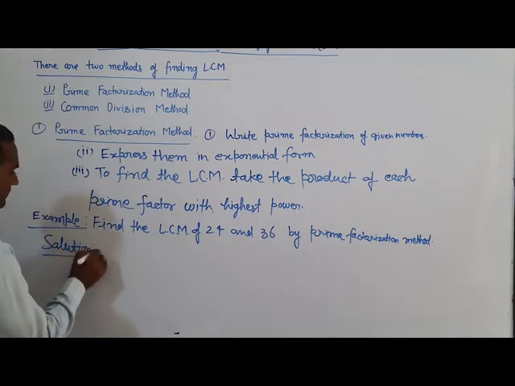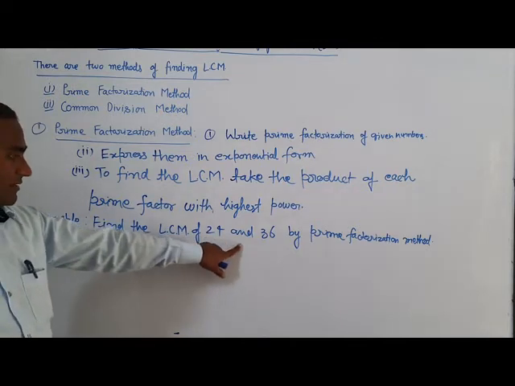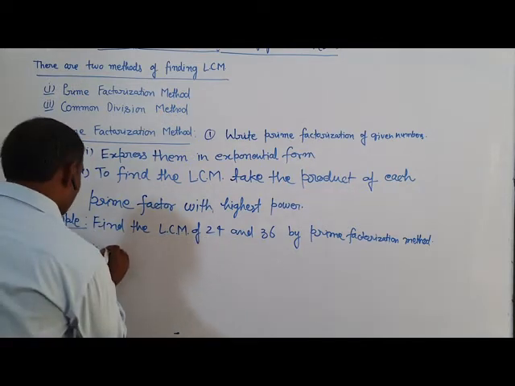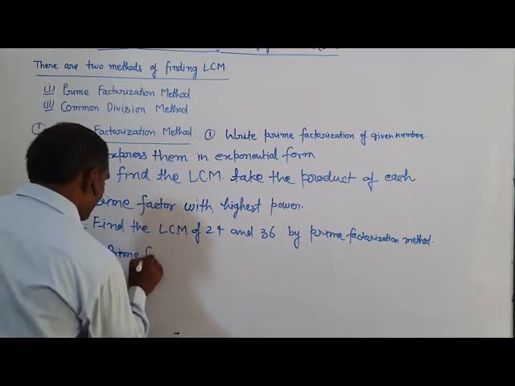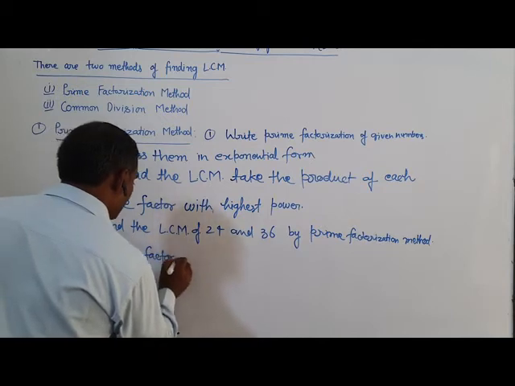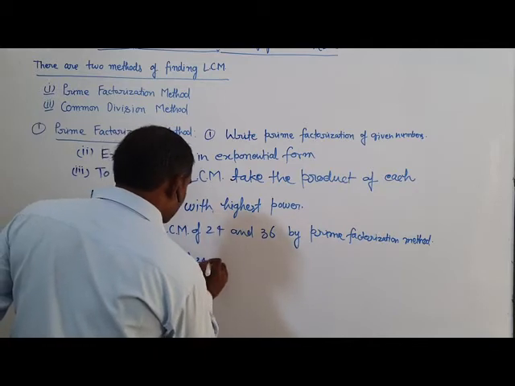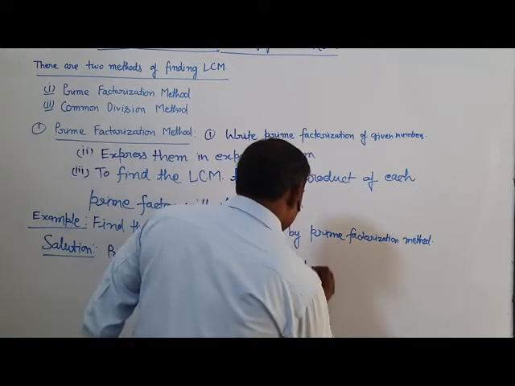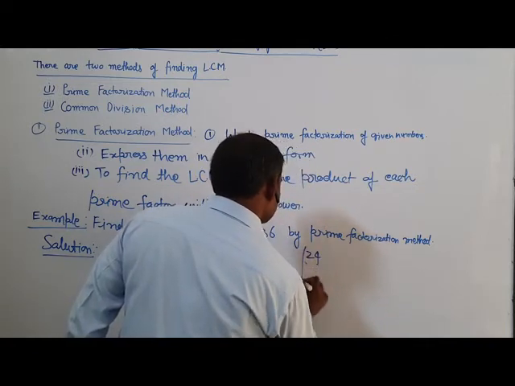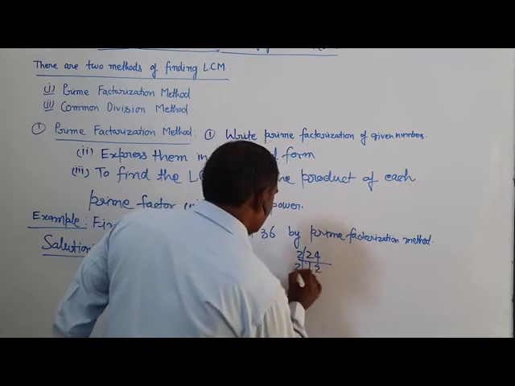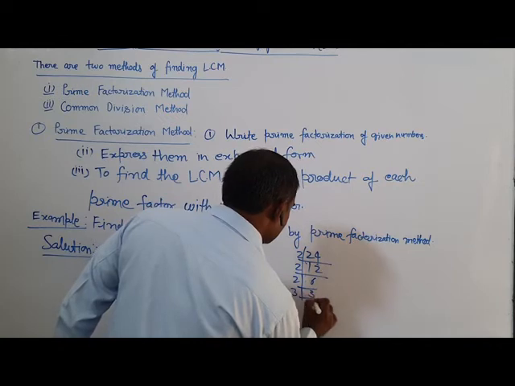Solution. First of all, you have to find the prime factorization. So, the prime factors of 24: factorize 24. 2 ones are 2, 2 twos are 4, 2 sixes are 12, 2 threes are 6, 3 ones are 3.